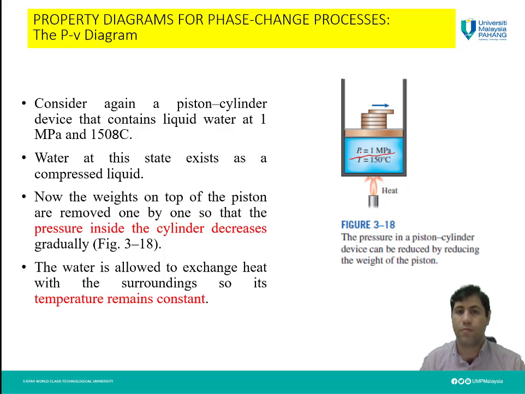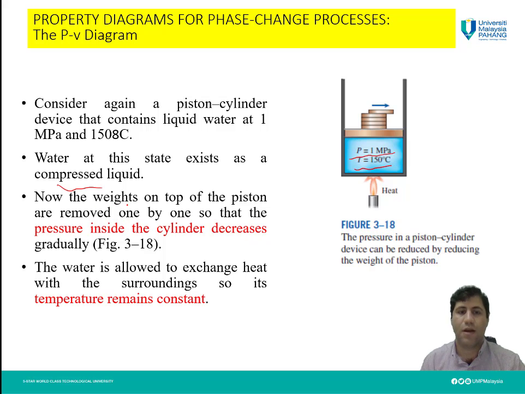So according to the saturation pressure and temperature, when the pressure of the water is 1 megapascal, if the temperature is still 150 degrees Celsius, we don't have a phase change. So it is still liquid. Water at this state exists as a compressed liquid.